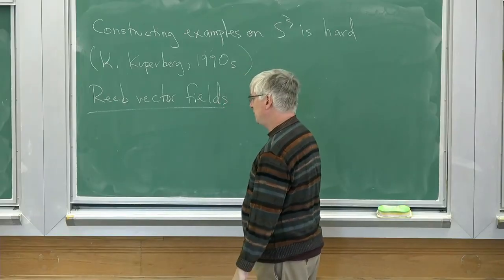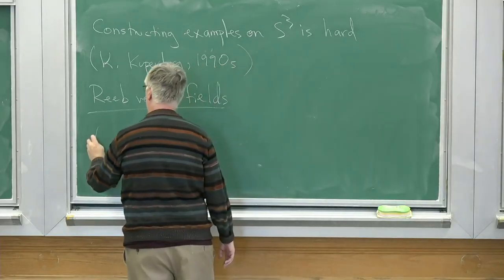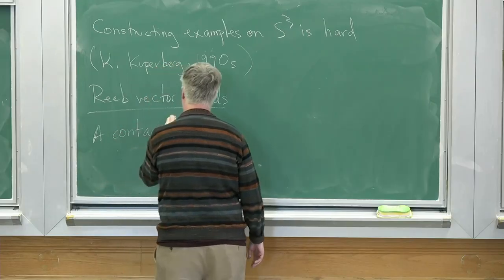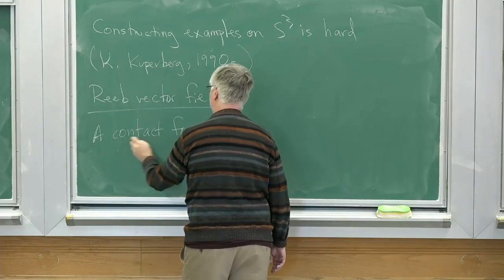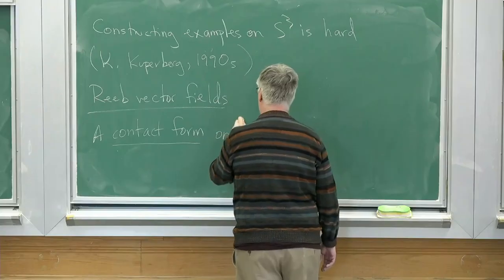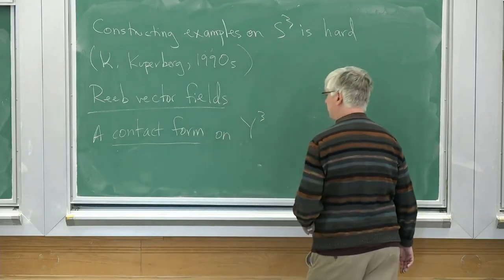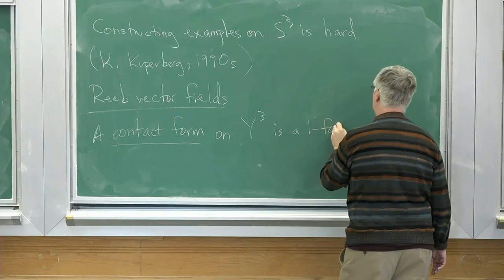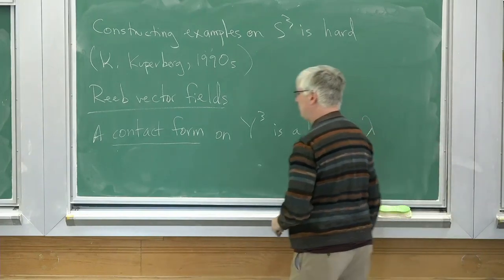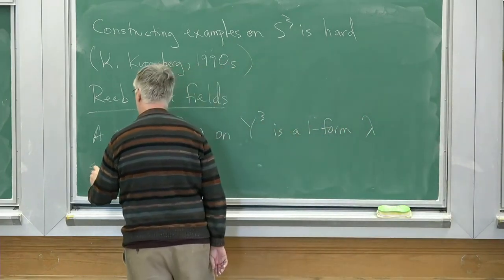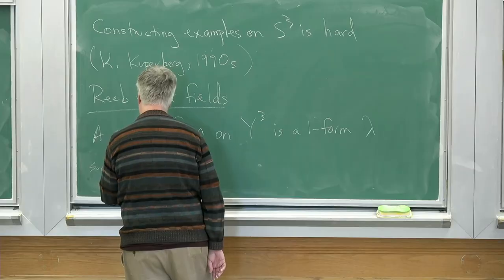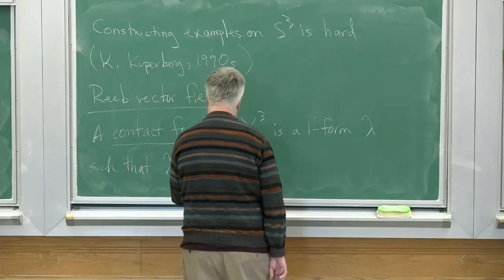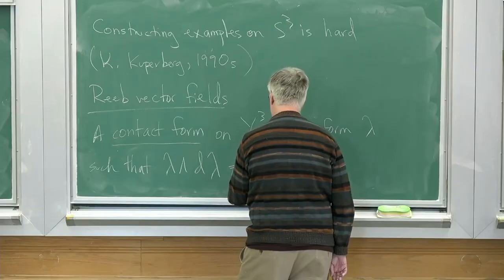So they start with a contact form. So recall that a contact form on our 3-dimensional manifold is a 1-form lambda such that lambda wedge d lambda is nowhere 0.